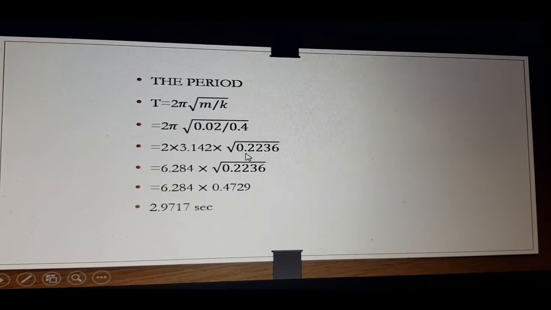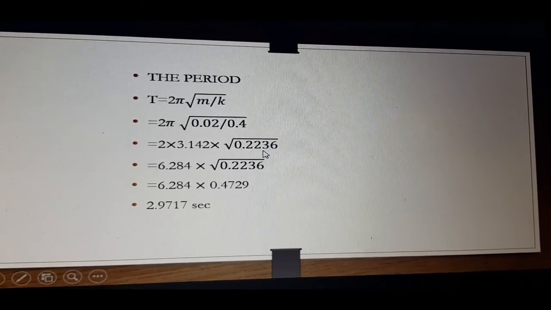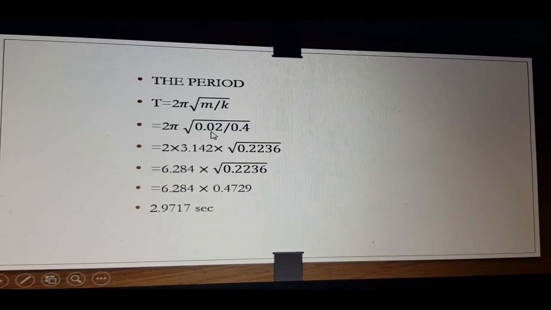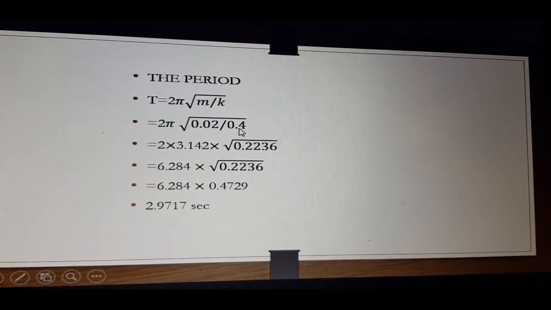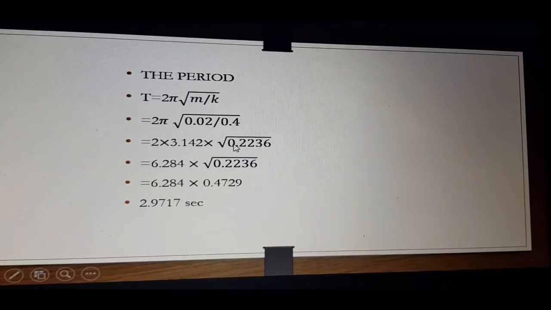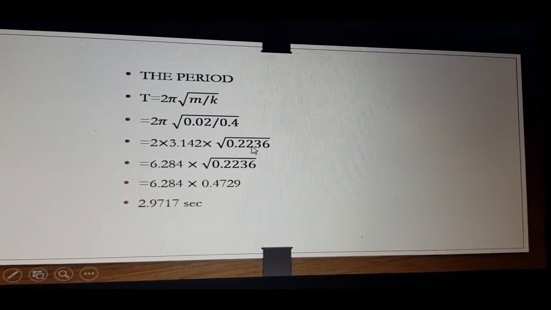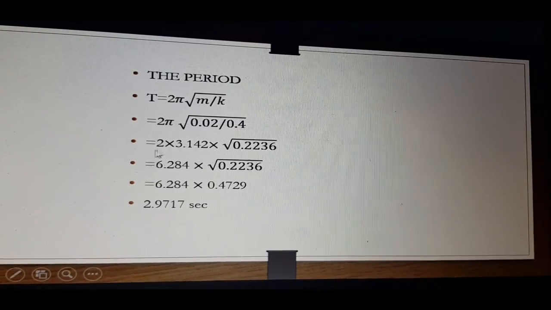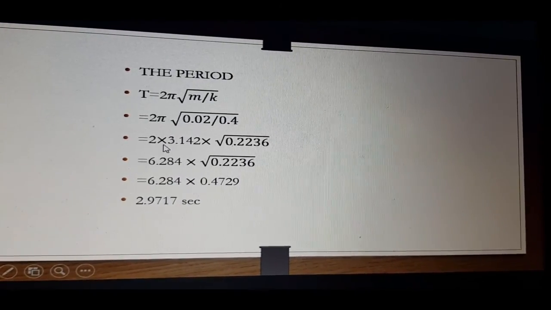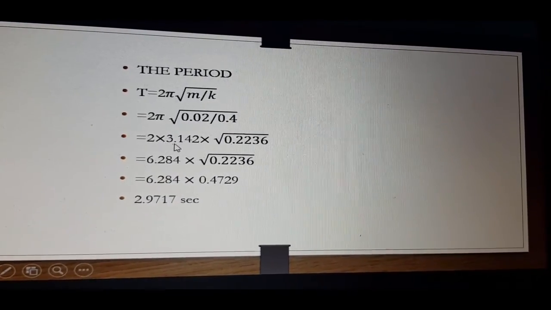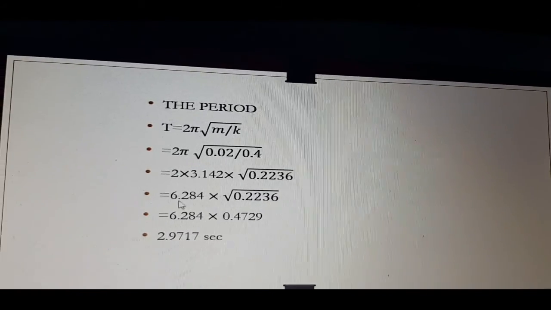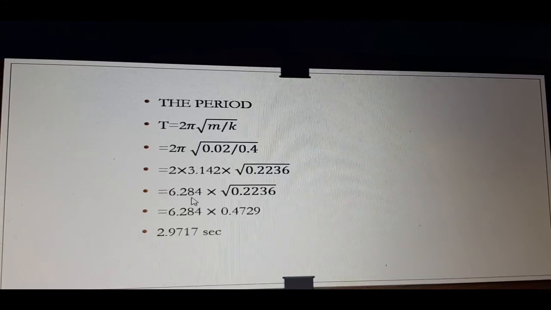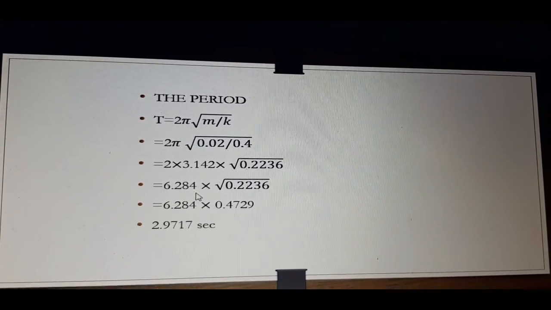You guys should press your calculators and see. And 0.2236, when we divide the mass by the constant force, it will give us 0.2236, you guys. So when we multiply 2 times 3.142, it will give us 6.284. You should use your calculators.